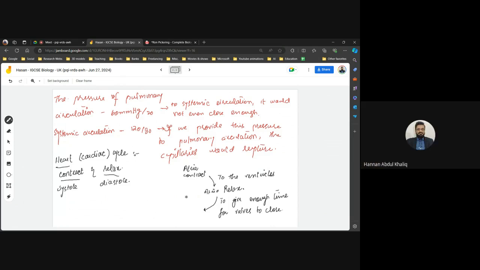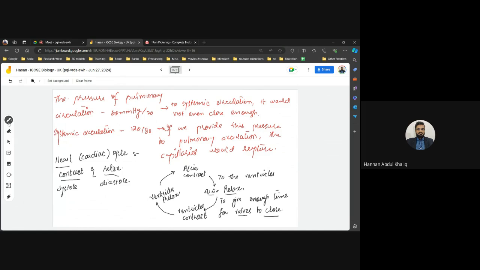Because when the ventricles are pumping with higher power compared to the atria, there is a strong chance that the blood would go back. But we should relax the atria first so that the valves close. Now, after the ventricles contract, at the next stage the ventricles should relax. And then the next stage starts.